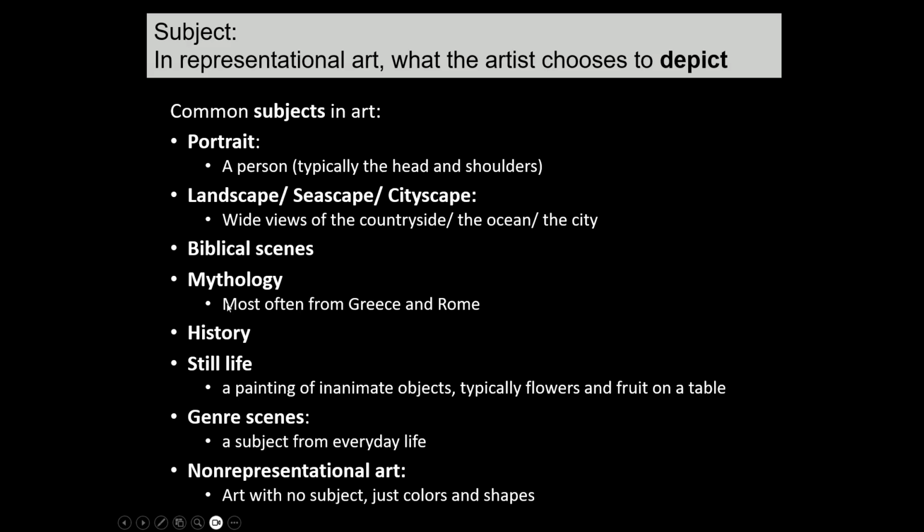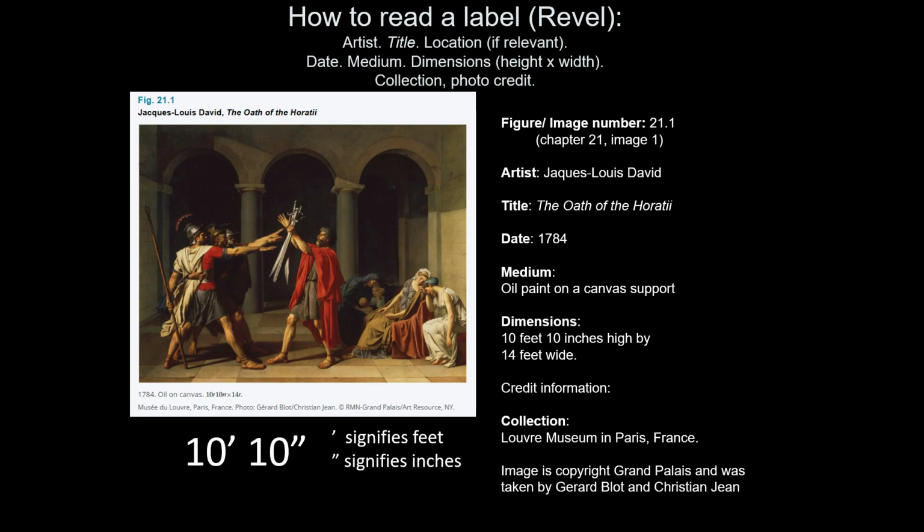The work of art might depict an historic event. It could be a still life, genre scenes. These are some subjects in works of art. And again, art that does not have a subject could be classified as non-representational, meaning it is just colors and shapes and lines.